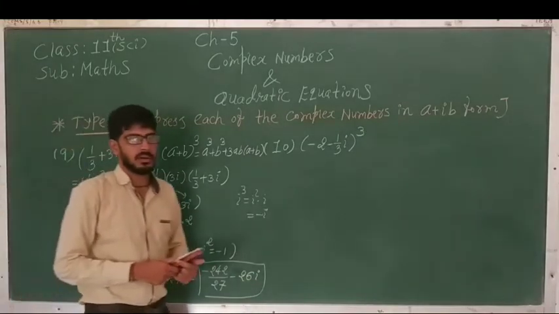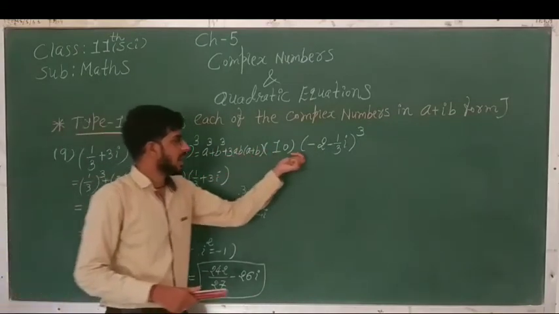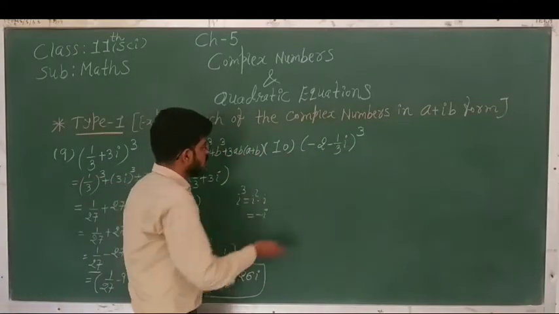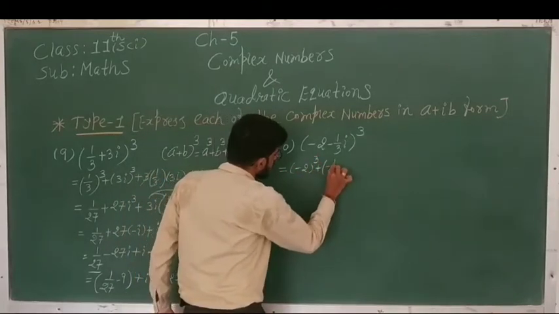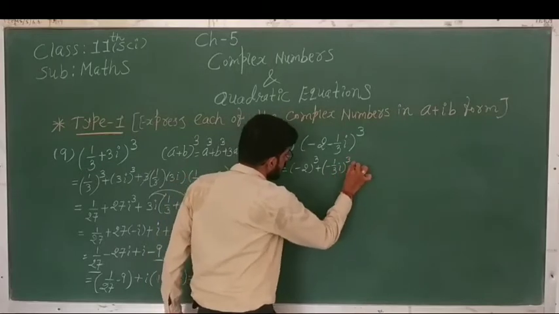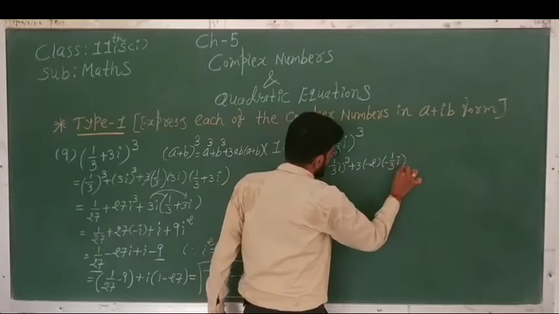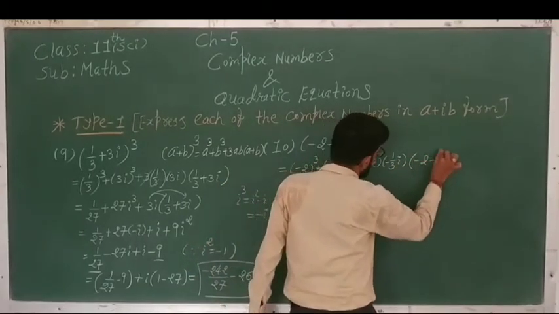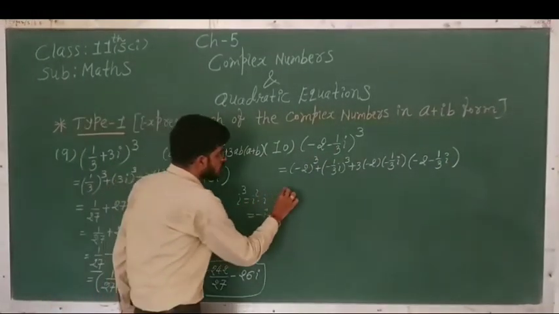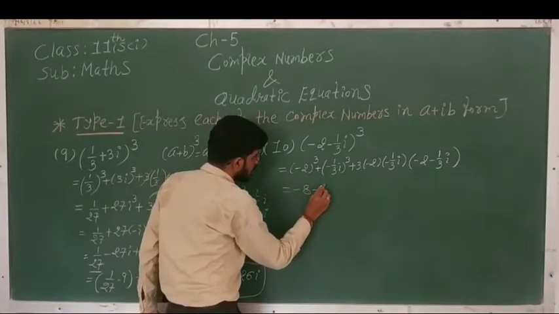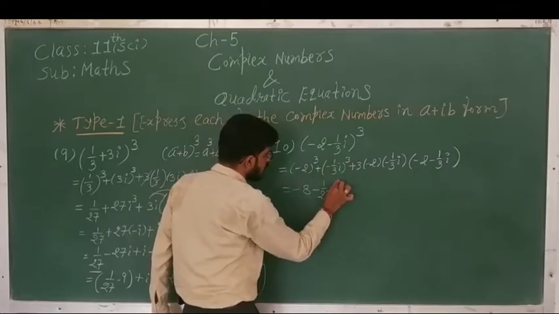Next, question number 10. Same question, here we have to use the formula a plus b whole cube. So it gives minus 2 cube plus minus 1 by 3i cube plus 3ab, meaning 3 into minus 2 into minus 1 by 3i, bracket minus 2 minus 1 by 3i. Minus 2 cube gives minus 8, minus 1 by 3i cube means minus 1 by 27 i cube.